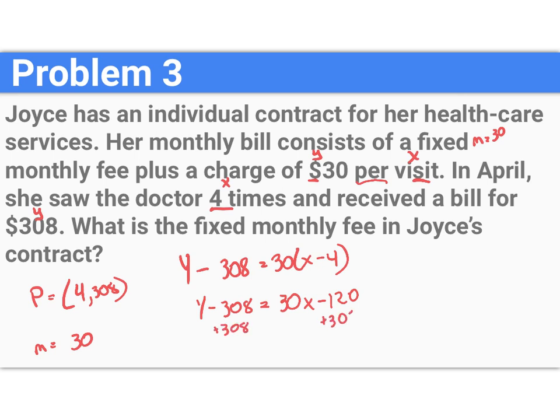Y equals 30x plus 188. 308 minus 120 is 188. Yeah, 188. Okay, so this is our general equation of a line.